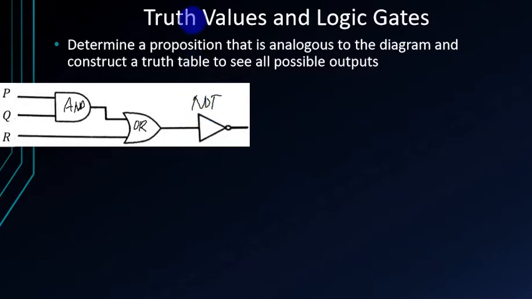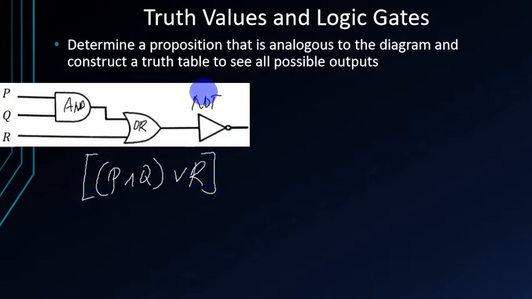If we take that into consideration, first, P and Q are conjuncted because of the AND gate. And the output P and Q is the one that is disjuncted in the OR gate with the input R. And this entire output would now be negated by the NOT gate.